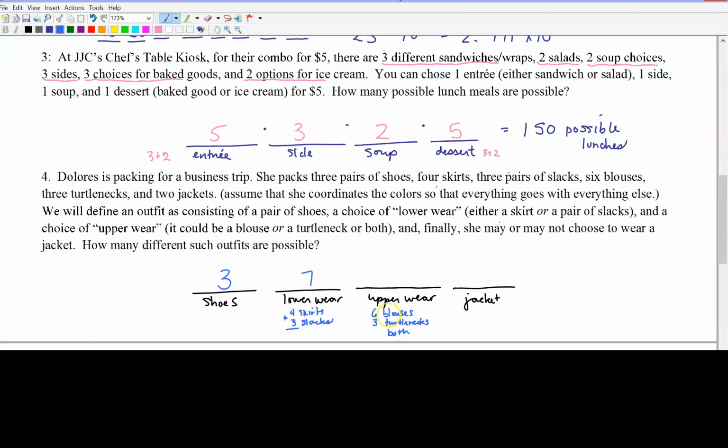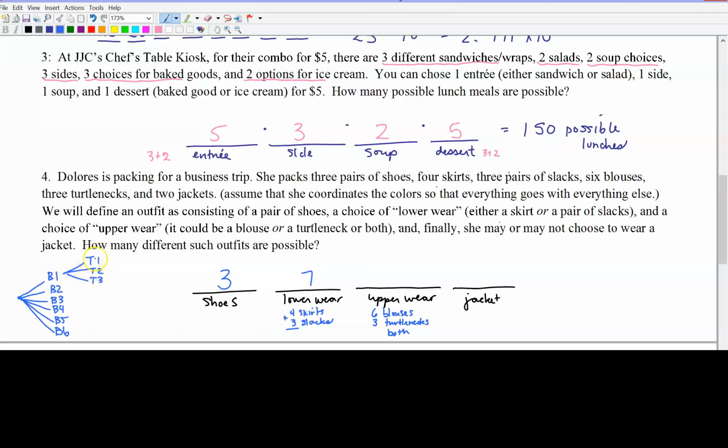If she's got 6 blouse options, she could wear blouse 1, blouse 2, blouse 3, blouse 4, blouse 5, or blouse 6. Let's assume she picks blouse 1. Then she could wear one of 3 different turtlenecks. So if she wears blouse 1, she could wear turtleneck 1, turtleneck 2, or turtleneck 3.